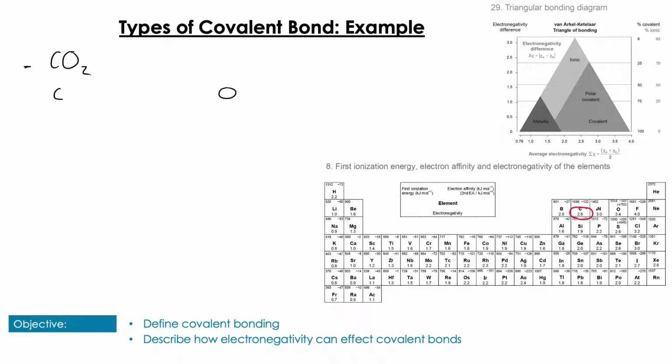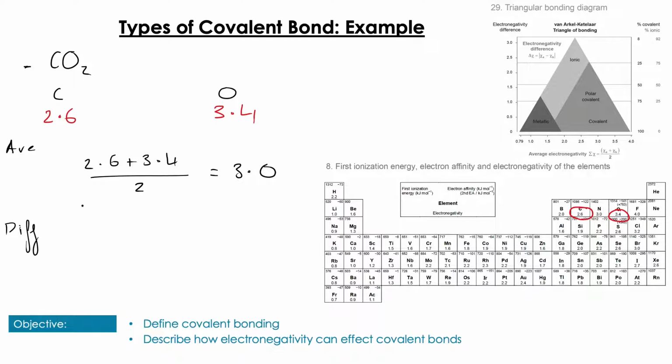We look at the electronegativity of carbon and oxygen, which is 2.6 and 3.4 respectively. And then we take the average of those 2 values, which is 2.6 plus 3.4 over 2, which equals 3.0. And we want the difference between them, which is 3.4 take away 2.6, which is 0.8.